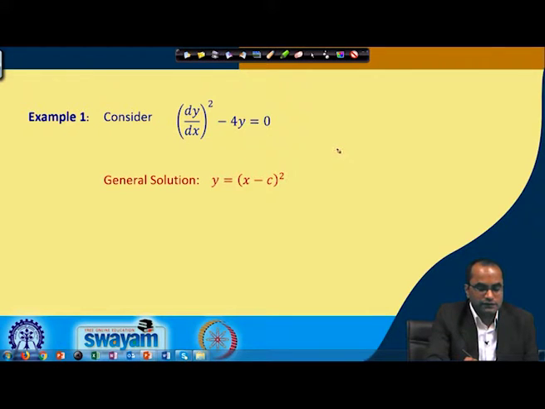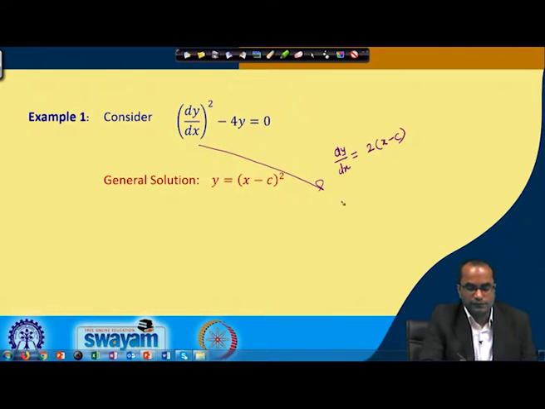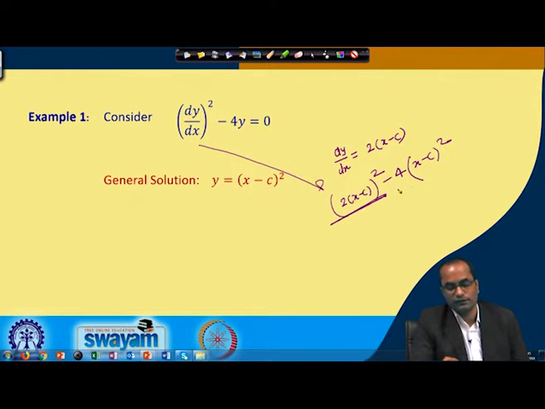If we compute dy/dx, it will be 2(x - c), and if we substitute in this differential equation, we get 4(x - c)^2 minus 4 times y, that is 4(x - c)^2.